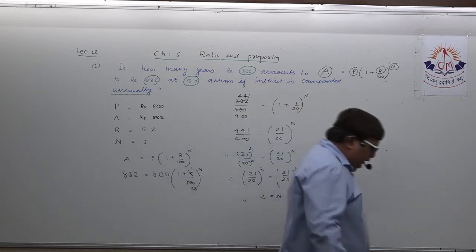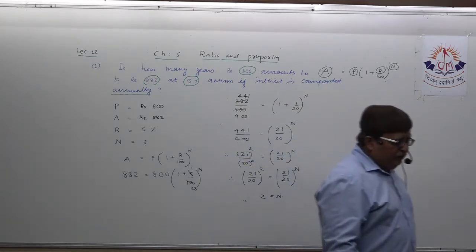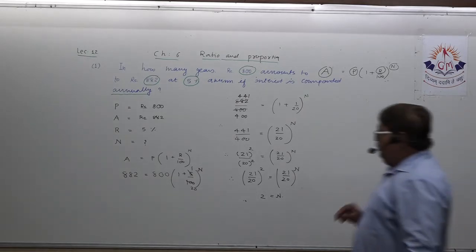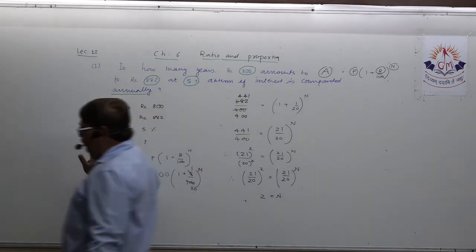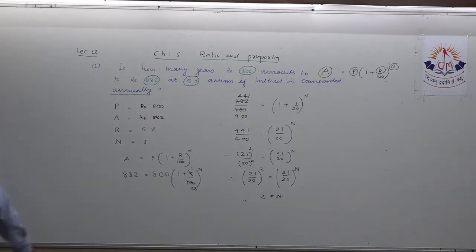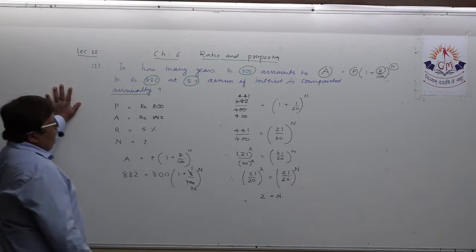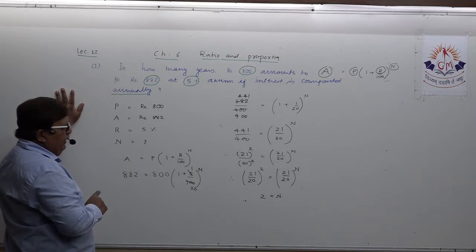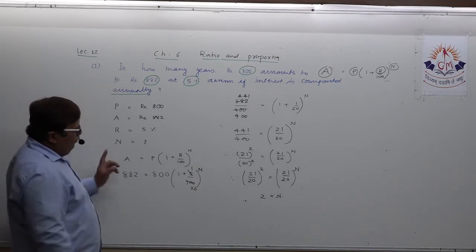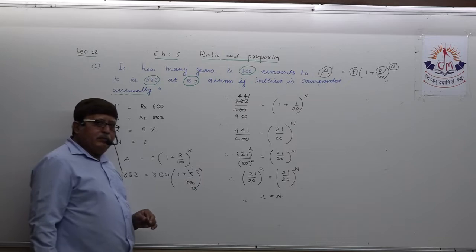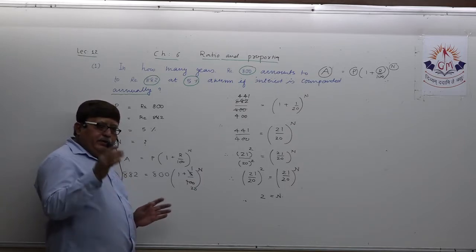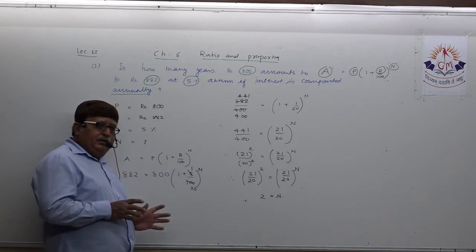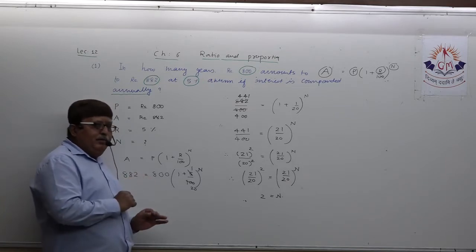Is it clear in your mind? Just have a look for 1 minute, and then we will shift to another example of the same type. As I told you in our previous lecture, lecture 11, when we are looking for the principal, there occurs a precise method and precise step.